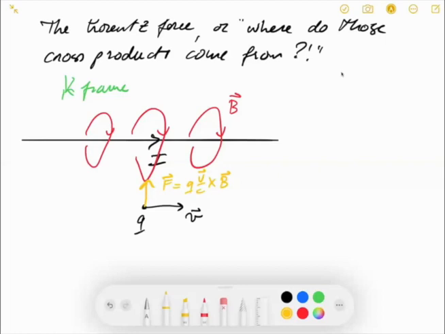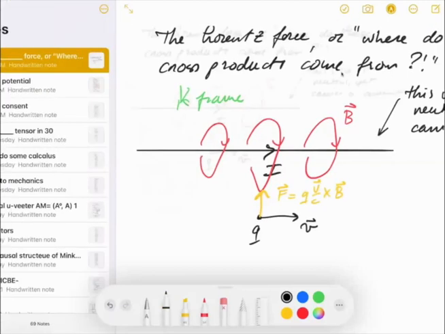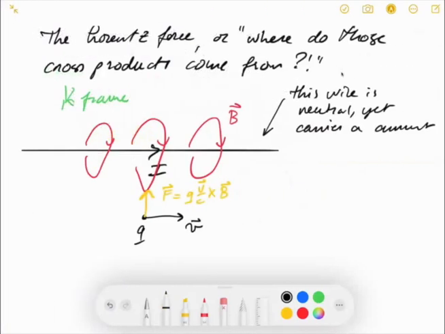we have to acknowledge the fact that this wire is neutral, yet carries a current. So if it carries a current and it is neutral, that means that there are two species of charges that we need to pay attention to.